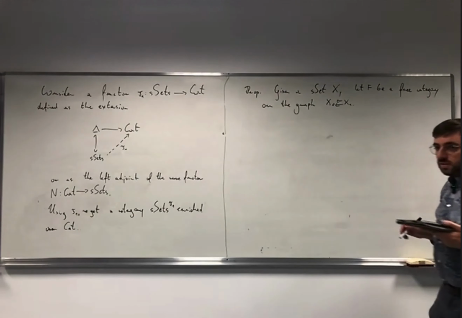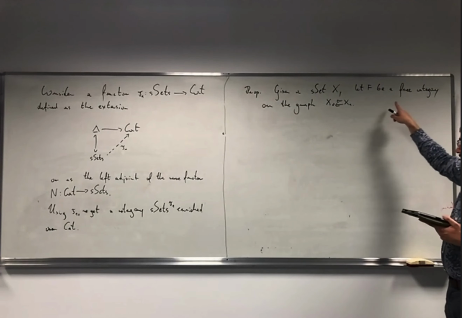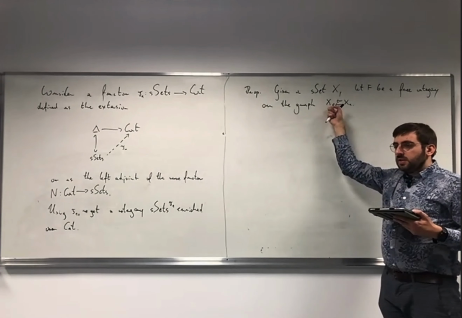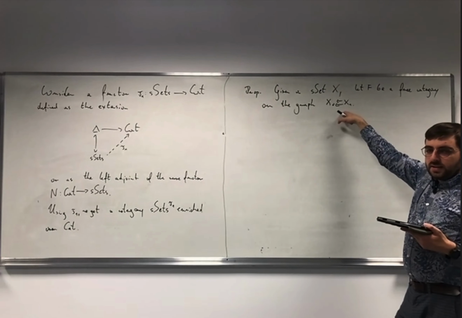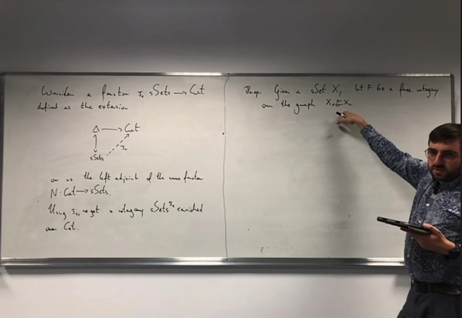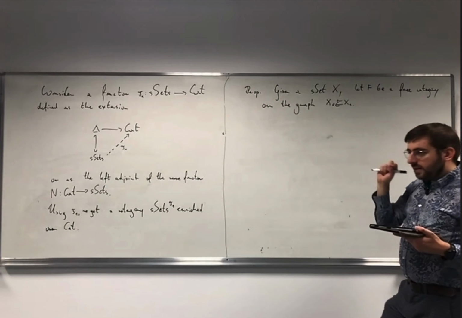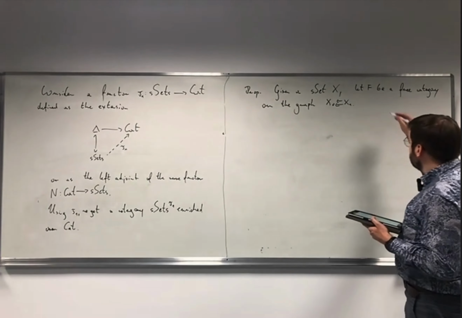By the free category, I mean just what I said. As objects, we are taking the vertices. As maps, we are taking the edges. And then we will, of course, need to fill it with compositions.